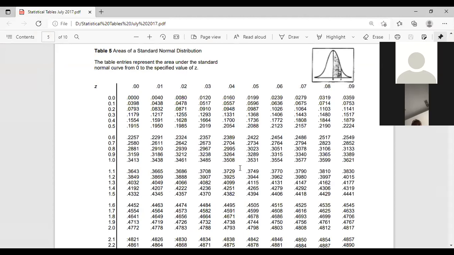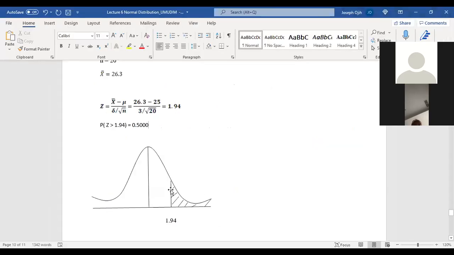The cumulative type will give you the area right away. But if it is a different shape, then you have to follow the rule in that other table, and you can get the same answer. But I recommend that you use this one for this class because the answer will still be the same anyway.